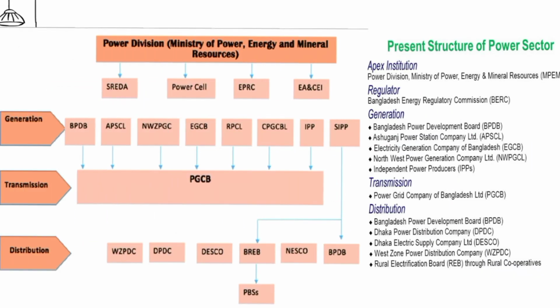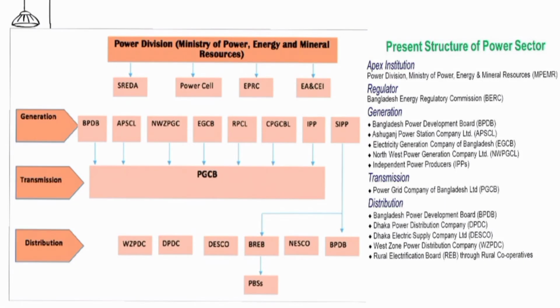Now we will talk about how the power system really works in Bangladesh. Here is the structure. In this structure we can see the whole process is conducted by MPEMR. There are many power generation companies in Bangladesh, but BPDB has the highest power generation capacity. There is IPP, which consists of non-government power generation organizations.